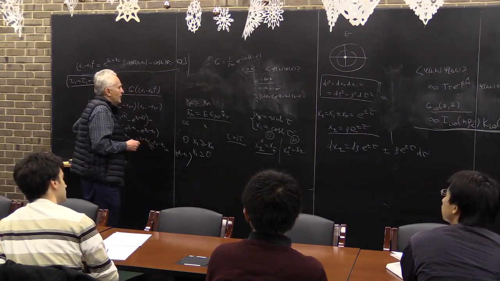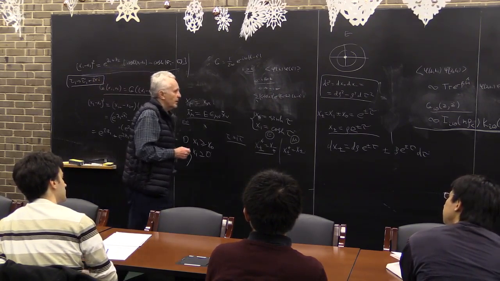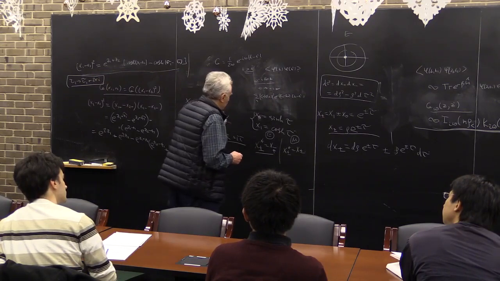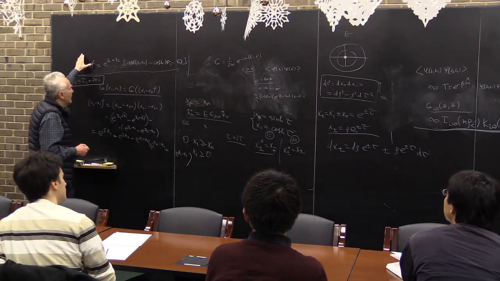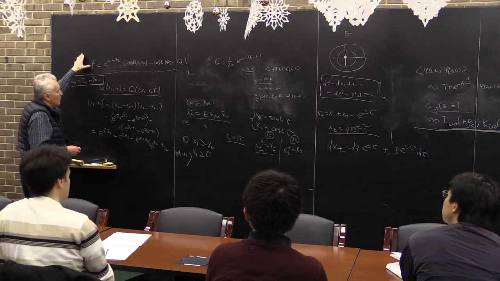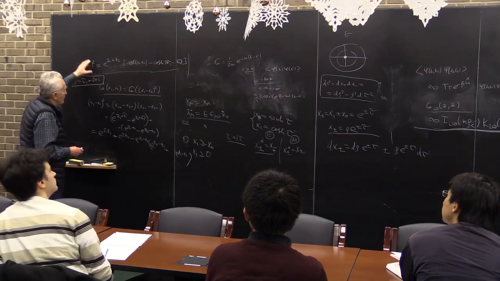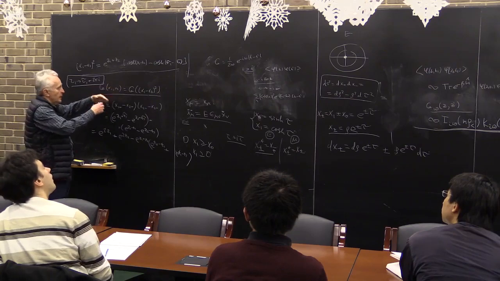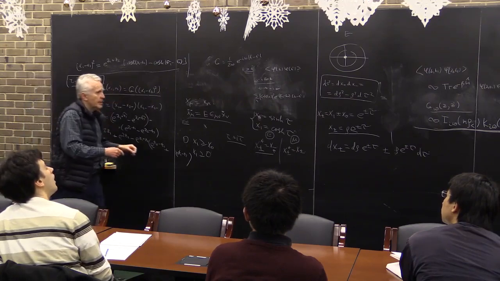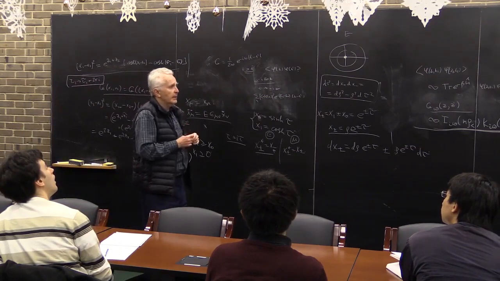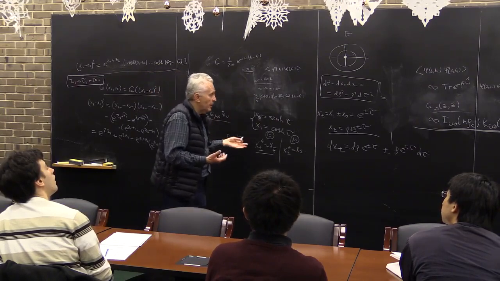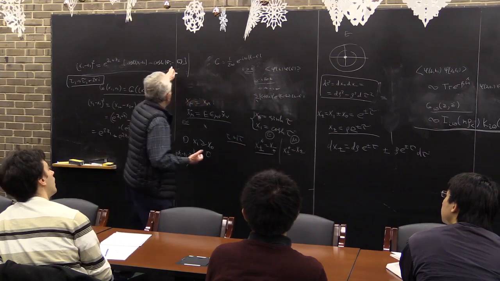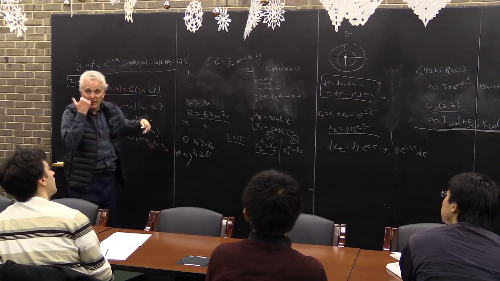So if you have a region of Minkowski space and you have a field theory in the ground state in Minkowski space, and then you look at it in the accelerated frame, what do you see? You see finite temperature, because this thing becomes periodic.